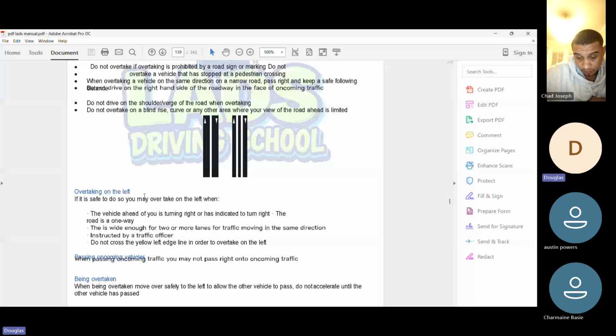But the moment there is a traffic cop placed on that road, whatever rule, whatever road sign, whatever road marking does not apply if the traffic officer instructs you to make a certain move. So meaning if he tells you to cross a stop sign, he is the boss of the road. He's the king. You need to only follow what he says. Whatever rule is there doesn't apply anymore. The only thing that applies is the traffic cop.